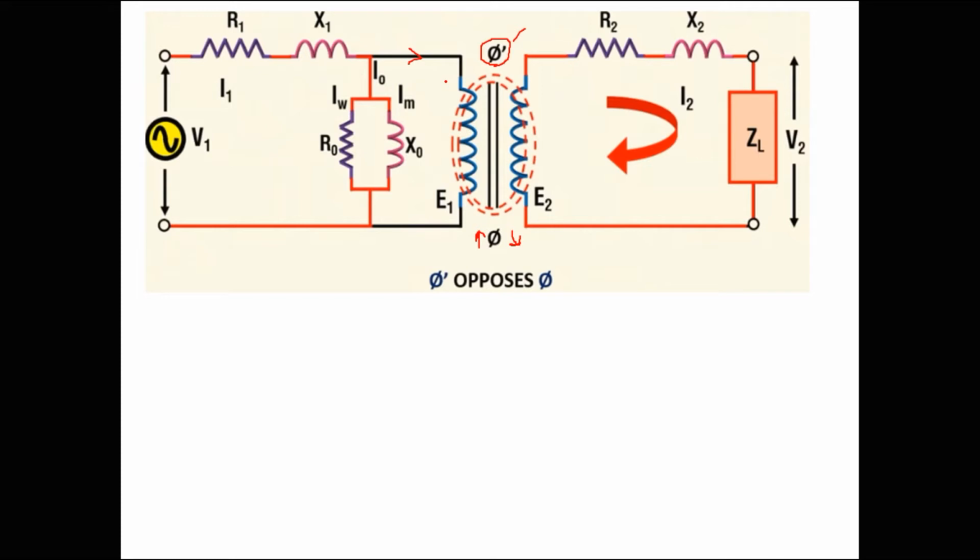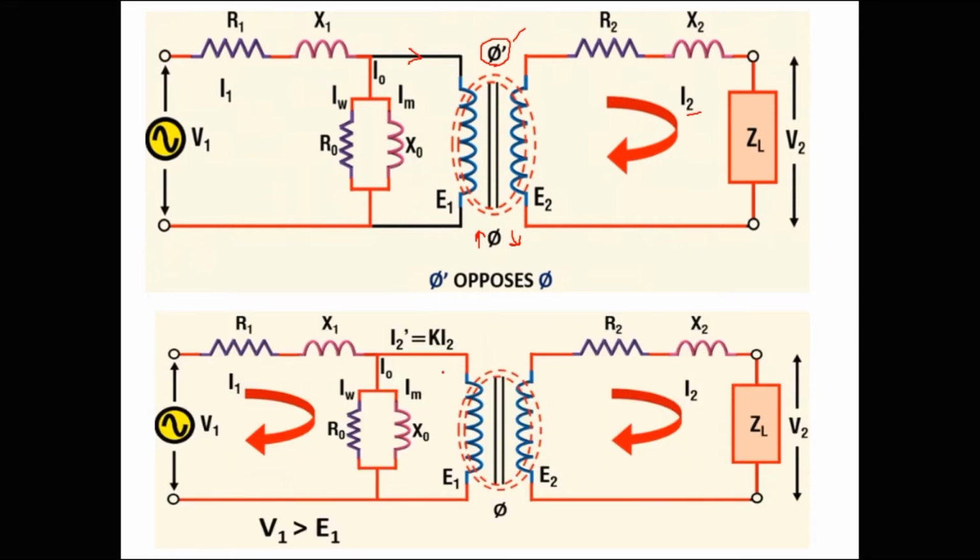That drawing of extra current from the main supply is for overcoming the demagnetizing effect happening due to the flow of current I2 on the secondary coil. So we can say that extra current is only because of the flow of I2.